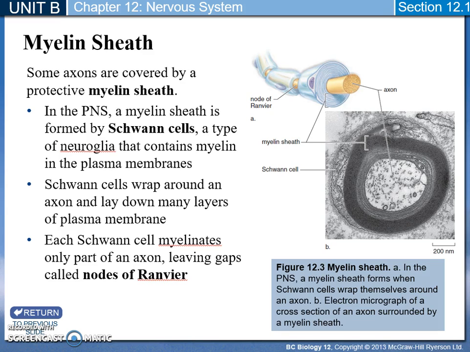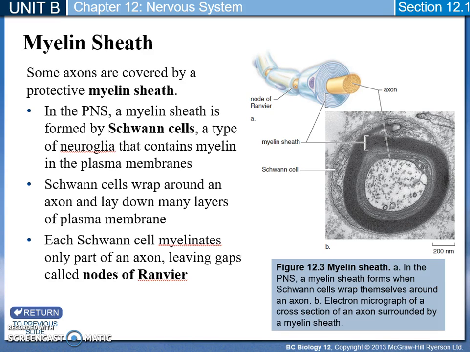The myelin sheath. Some axons are covered by a protective myelin sheath, and in the peripheral nervous system, a myelin sheath is formed by what's called the Schwann cell. This is actually a separate cell. It's not an actual nerve cell. It's a separate cell, again, that provides a supportive role to the peripheral nerves, and what it does is provide a sheath around the axon of the nerve cell.